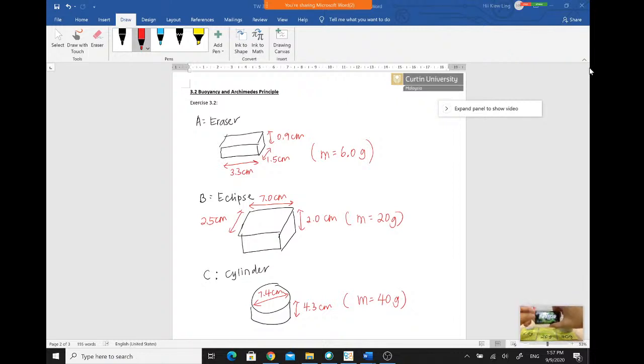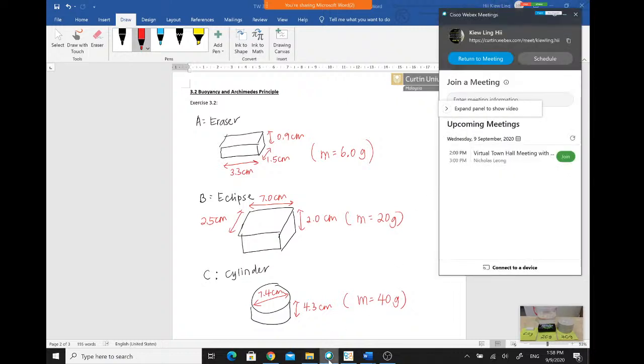Eclipse container is an empty one. Okay, I finished all during MCO, so you can guess how heavy I am now. Okay, so the Eclipse container only around 20 gram, and this is the cylinder container, empty. It's also empty inside. Okay, and it's 40 gram. So if I put them into the water, can you predict which one will sink to the bottom?